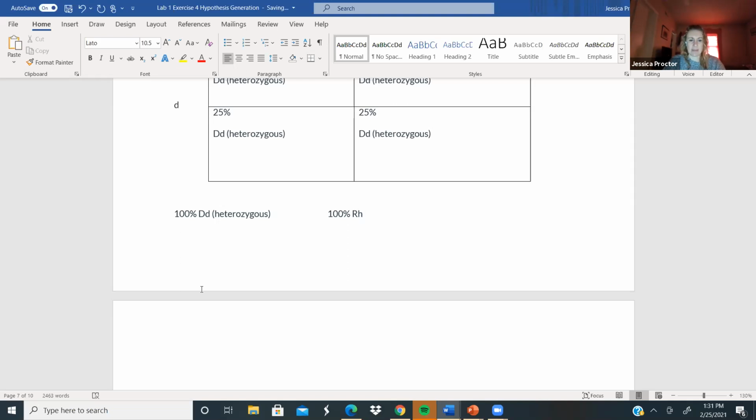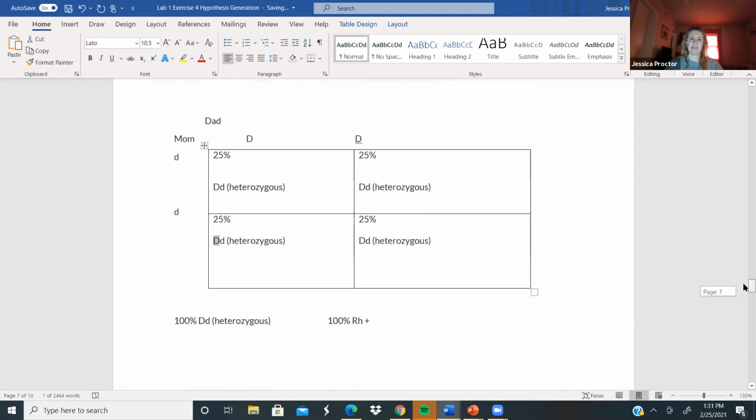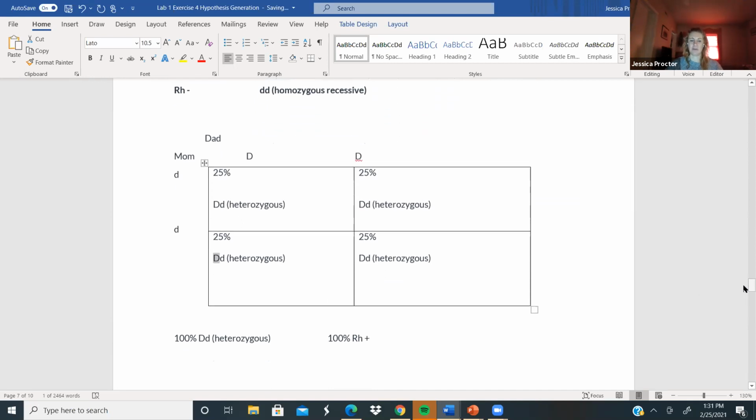Because remember, with a basic monohybrid Punnett square like this, as long as there's one dominant allele, then that child will display the dominant phenotype, which in this case is Rh positive blood. So every single time this mom and this dad produce a child, 100% of their offspring will be heterozygous, and 100% will have Rh positive blood.